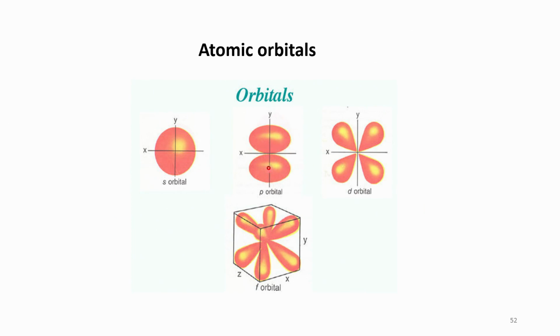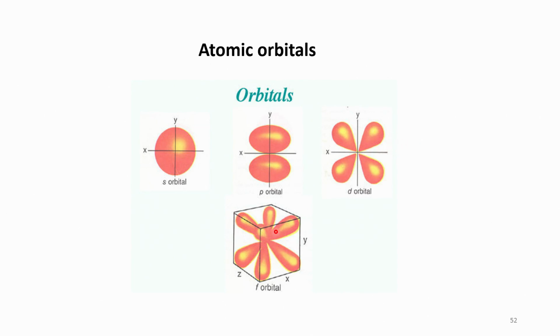These will be in the x y direction, and then one may be y z and x z. Three different p orbitals can be there, and d orbitals are dumbbell shaped in the x y plane and other planes also.